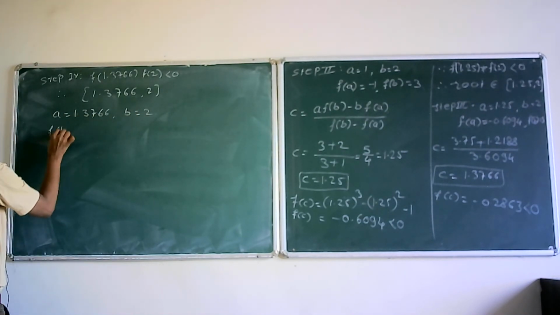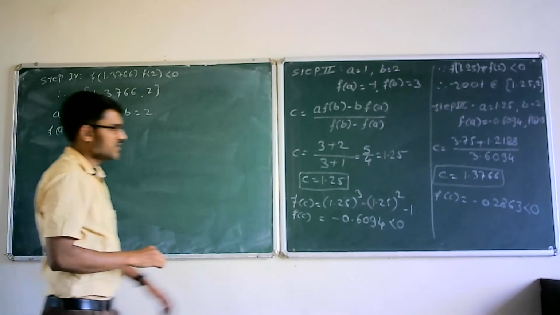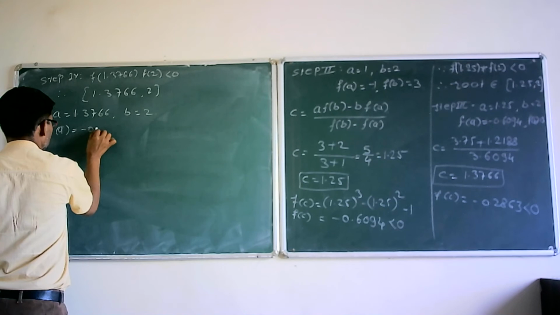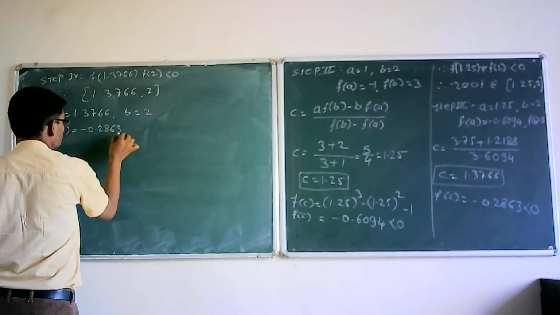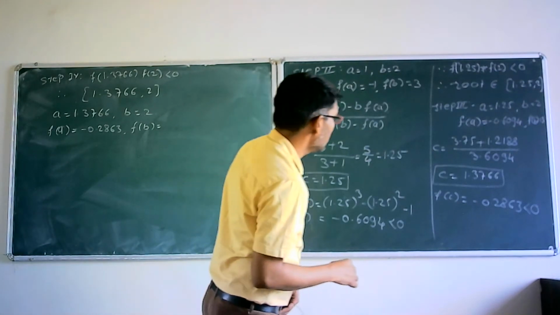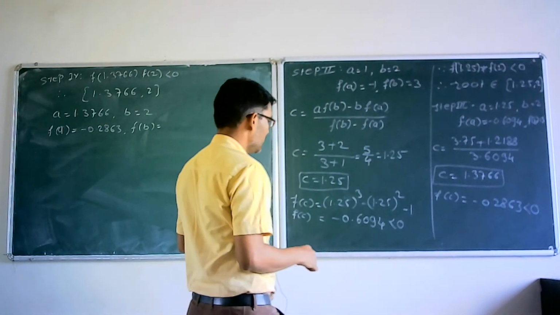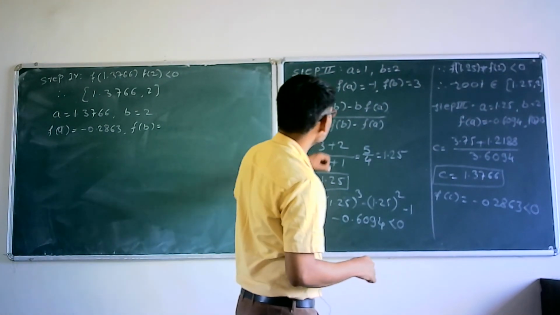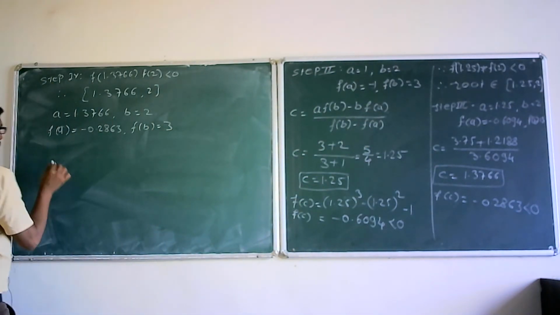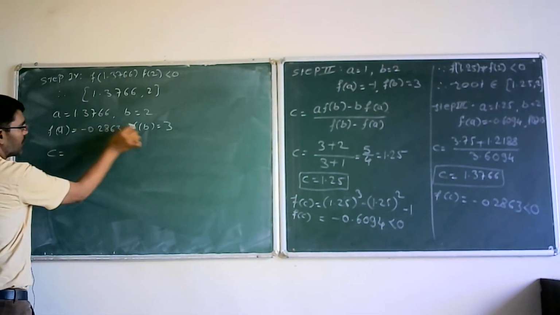Already we have calculated f of a in the previous step. It is minus 0.2863, and f of b is what? f of b, that is f of 2, we know that f of 2 is 3. So now I will find the value of c, a f of b minus b f of a.